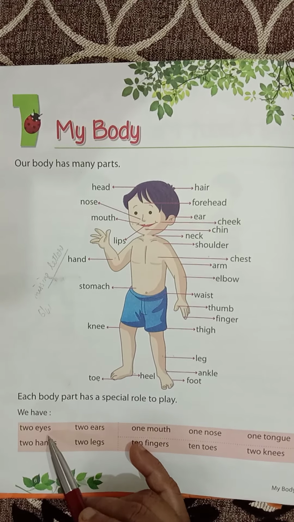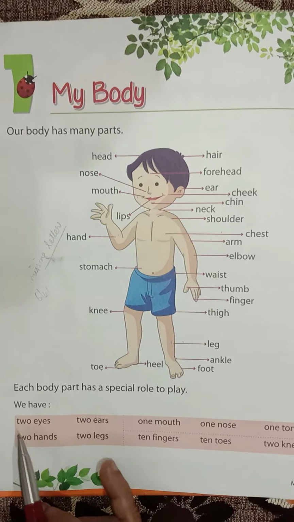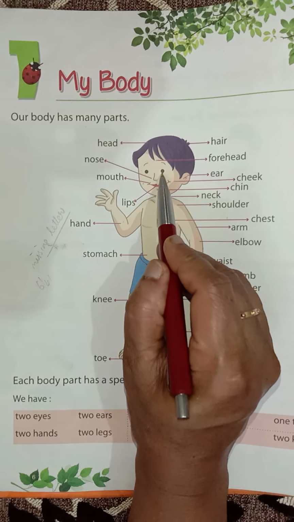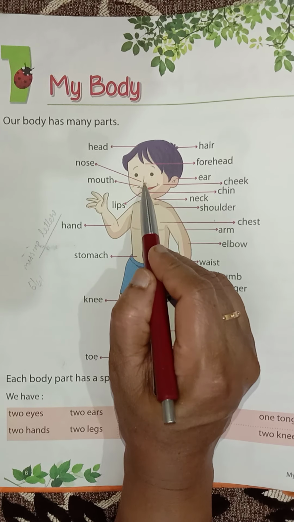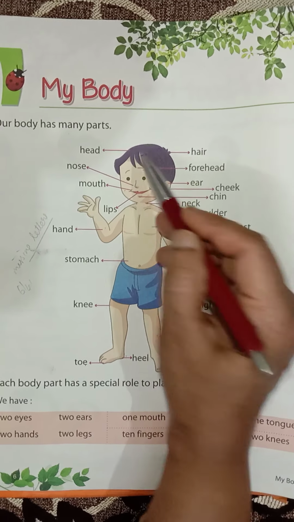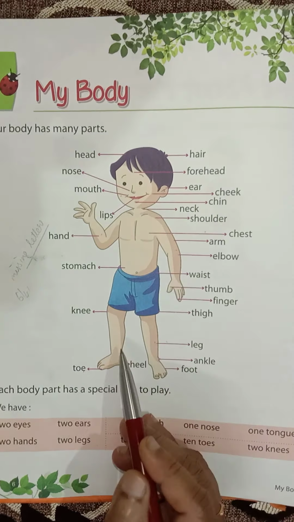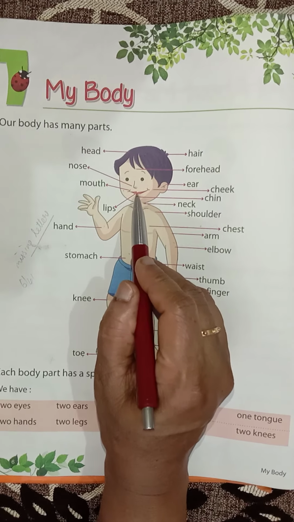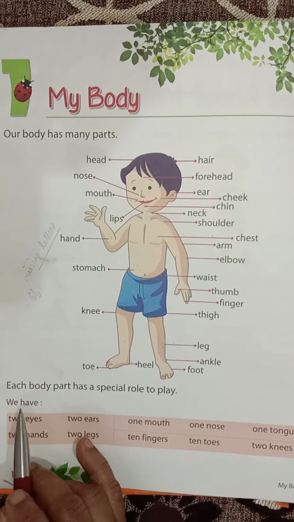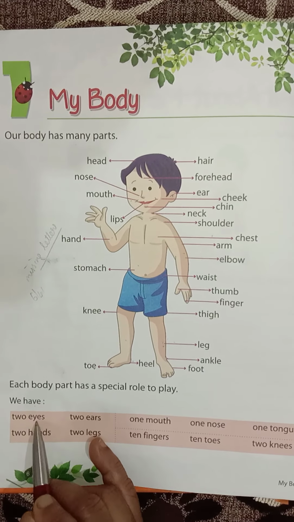Each body part has a special role to play. How many eyes do we have? See, listen. We have 2 eyes, 2 ears, 1 nose, 1 head, 2 hands, 2 legs, 1 stomach, 1 lips. See, we have 2 eyes.